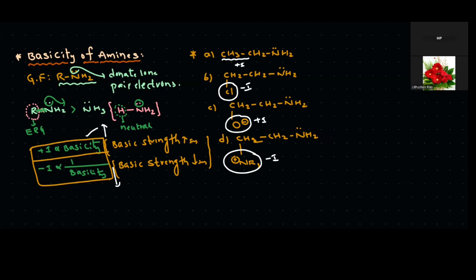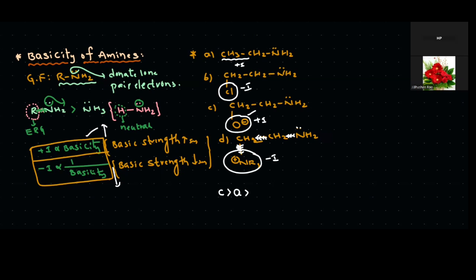Here we have the plus I CH3 group, and here O minus. Which one releases electrons more effectively? O minus releases electrons effectively, so C is always more basic than A. Then among the two minus I groups, which one withdraws electrons more effectively? NR3 plus withdraws electrons from the NH2 group effectively. Chlorine also withdraws electrons, but much less effectively compared to NR3 plus.